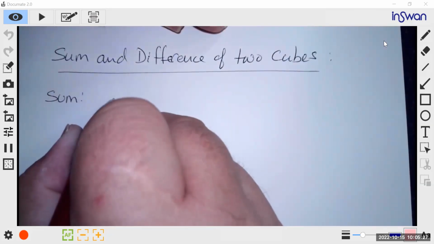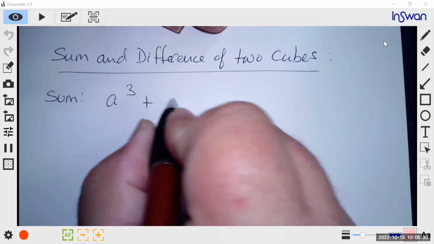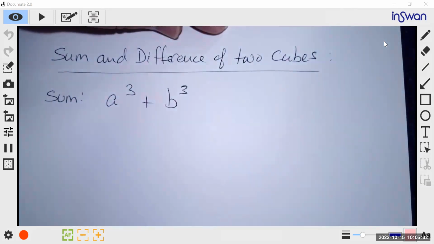The sum of 2 cubes means this: a cubed plus b cubed.